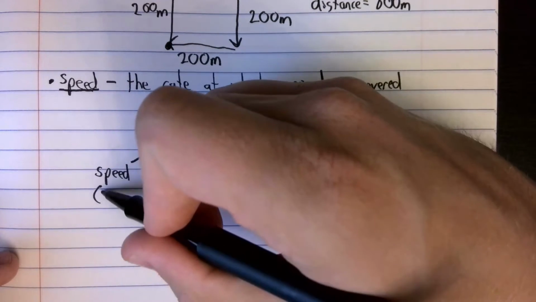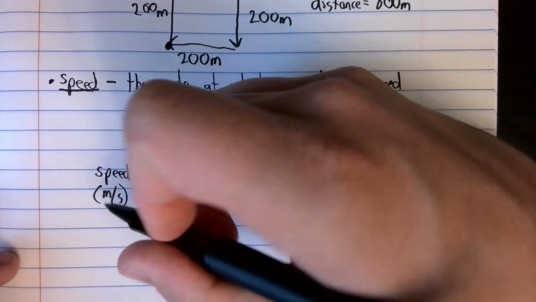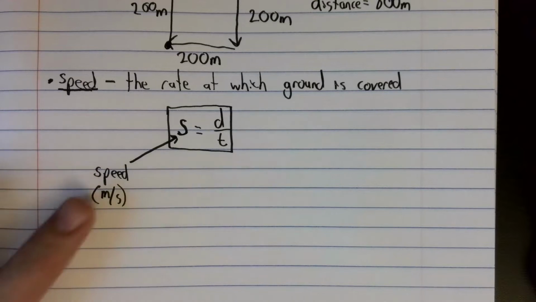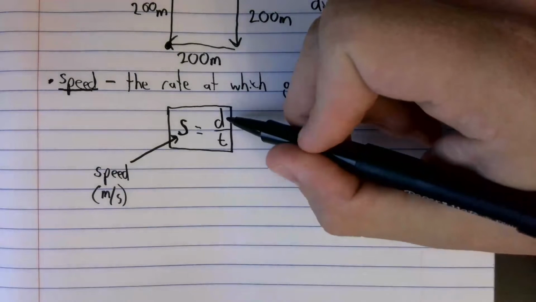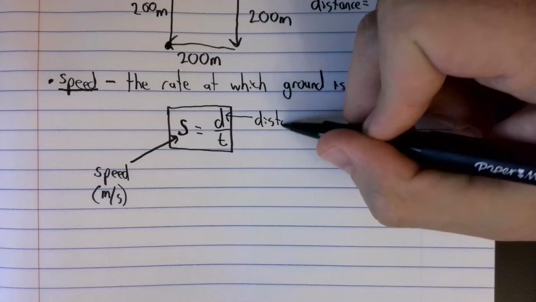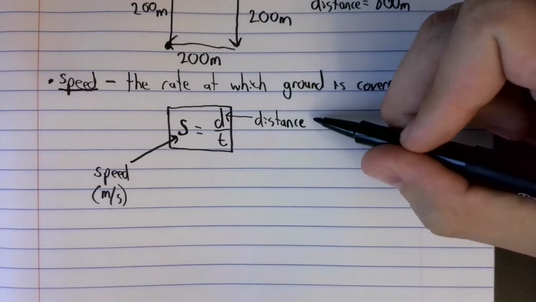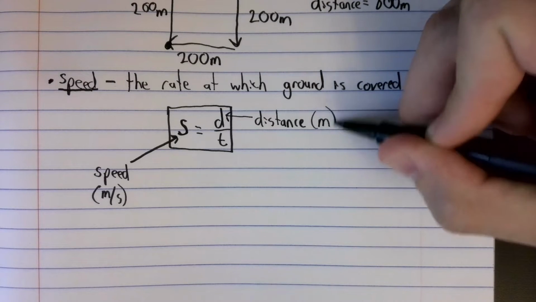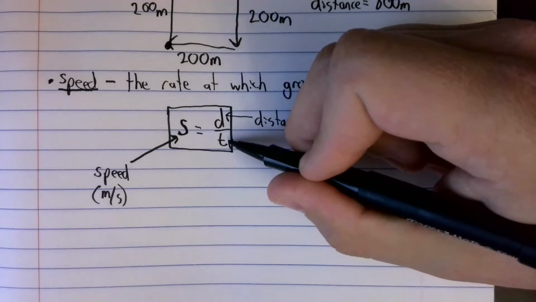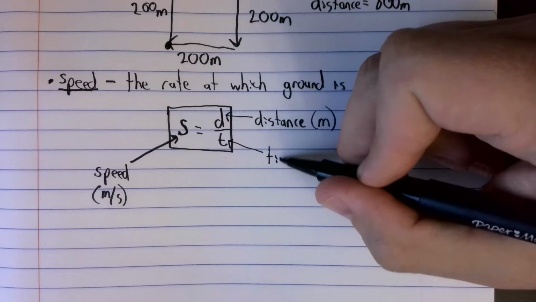There are many different types of speed that you can talk about, but generally we're just going to consider this speed for now. We'll go into that later. D, like I said, is distance. And T, of course, is time.